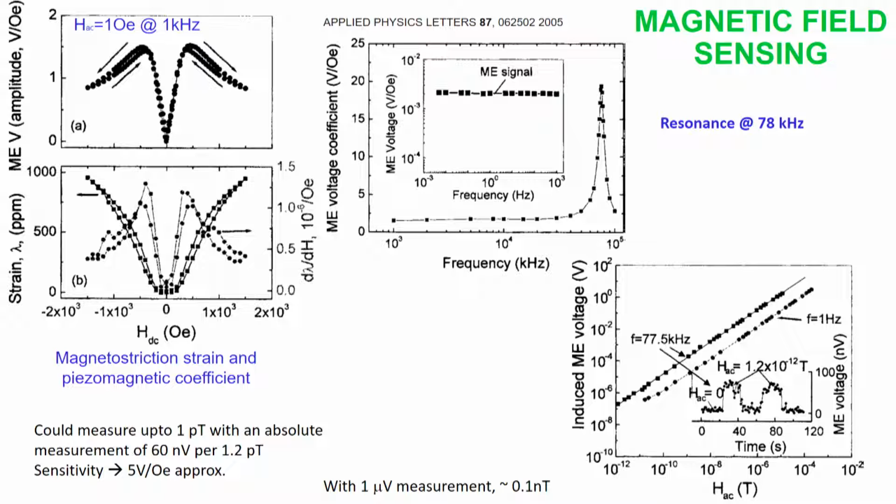So if I am able to measure up to 1 microvolt, I can easily go up to 0.1 nanotesla with this particular arrangement. So as I mentioned, our Earth's magnetic field is of the order of 40 to 60 microtesla. So one will be able to check it by making the device and then rotating it and verifying that.